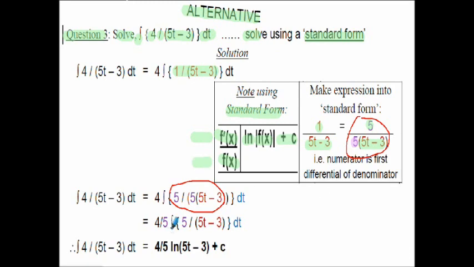All I've done on the next line is simply taken the constant 5 outside of the integral sign. So don't forget we're dividing by 5 here, so that 5 has come outside the integral sign. That leaves in the integral this expression here, which again complies with f dash x over f of x. Now I can simply write down my solution as 4 divided by 5 multiplied by the natural log of (5t minus 3) in brackets plus c.